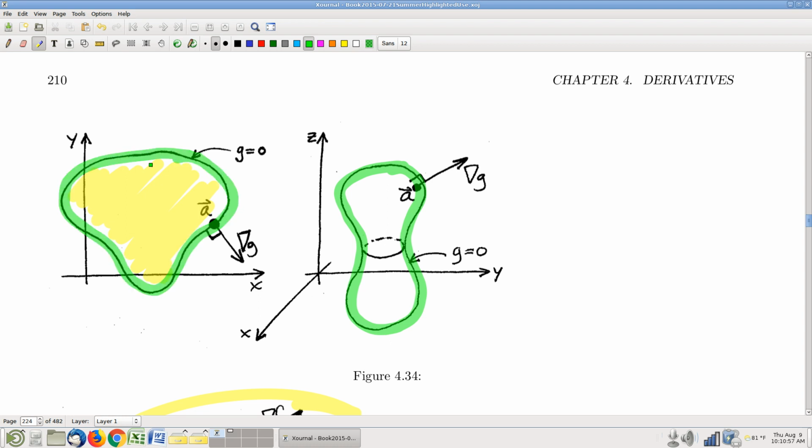Let me just show you why our previous analysis is a total crash and burn. Just doesn't make any sense at all. Let's suppose that I wanted to use my previous analysis and consider the possibility that maybe that might be a maximum. Suppose the gradient of the function I'm interested in is like this. My analysis previously was to say, well, I'm going to eliminate this as a possible maximum by just going in the direction of the gradient and thus saying, hey, there's a nearby point where the function's bigger.